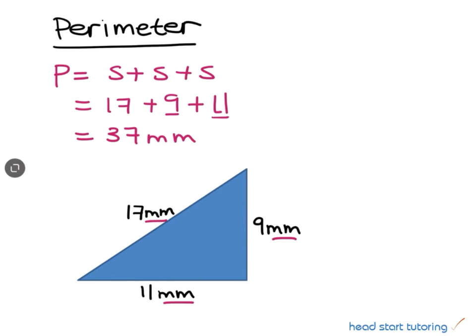So when we're working with perimeter, remember we don't use any squared measurements. It's just the normal measurement to the power of 1, or just the normal measurement. So the perimeter of this triangle, which has sides 17, 9, and 11 millimeters, gives us an answer of 37 millimeters.